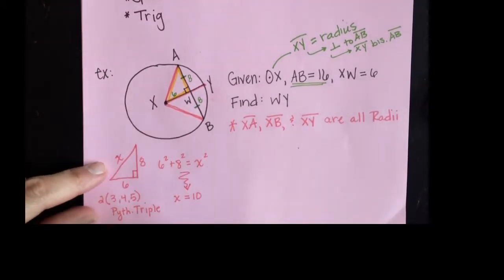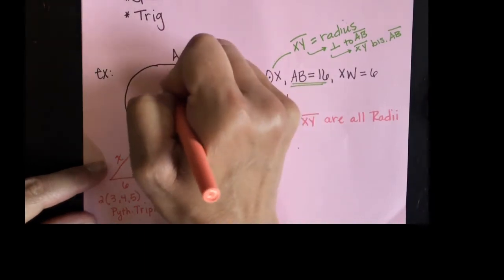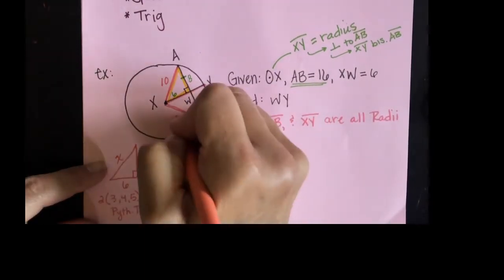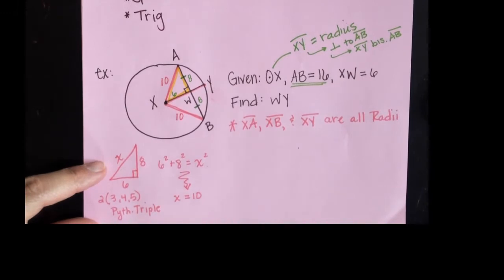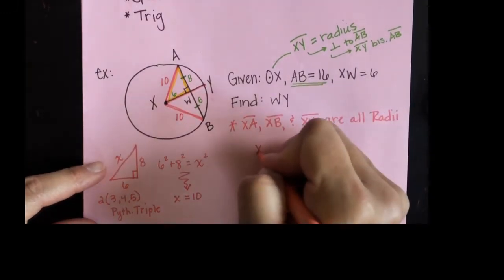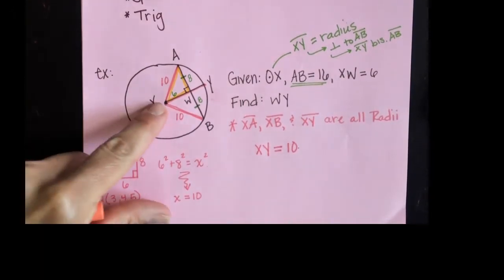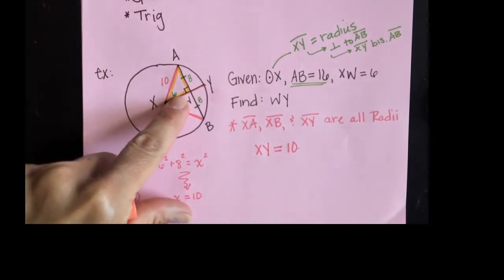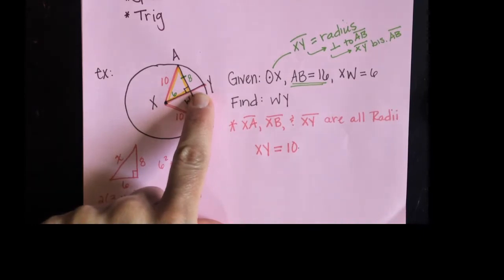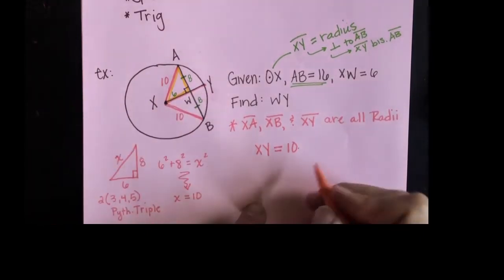So now that I know this piece is 10, that guy's 10, this guy is 10, and because they're all radii, XY is 10. Well, if you already know what XW is, I can simply subtract to figure out what WY is.